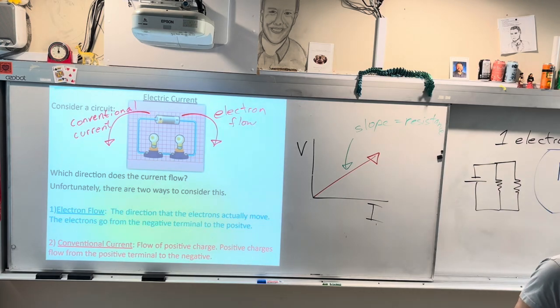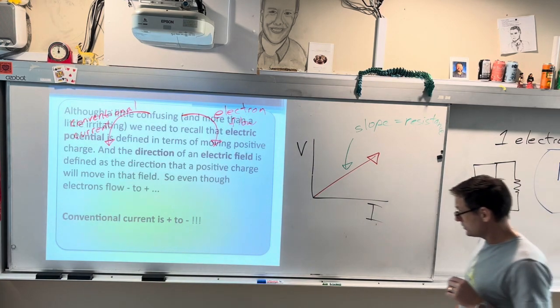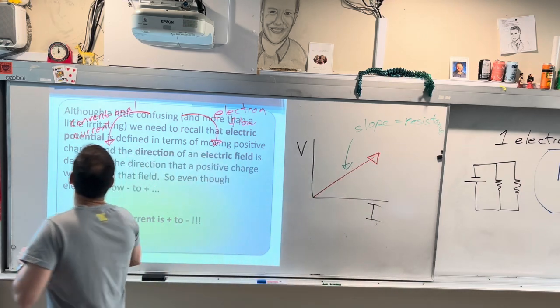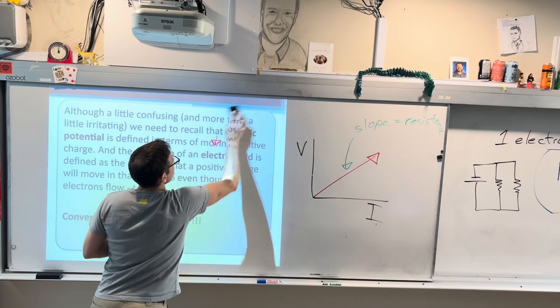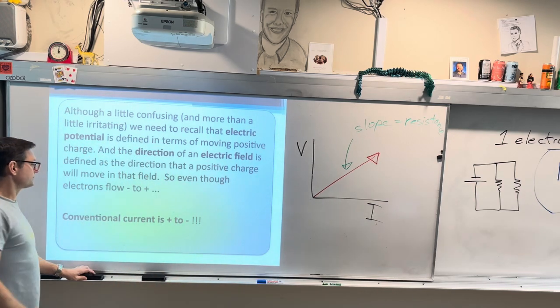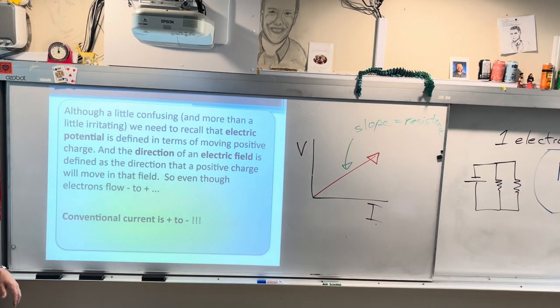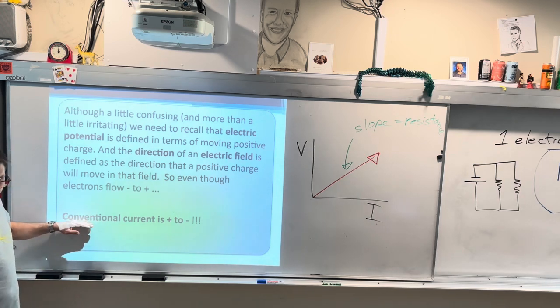It's confusing and a little irritating, but we have to just go with it, because it's been like that for hundreds of years, and we just keep it the same. So for our class, current goes from positive to negative.